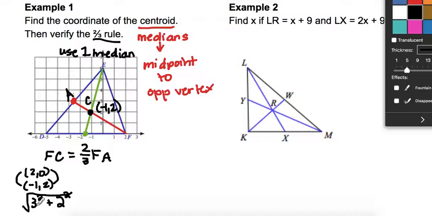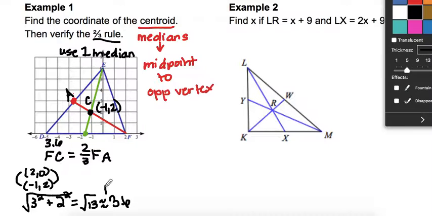So if I add these together, 9 plus 4 is 13. This is the square root of 13. The square root of 13 is approximately, I'm going to round it to the nearest tenth, and that is 3.6. Okay, so this one was FC. So I've got 3.6.